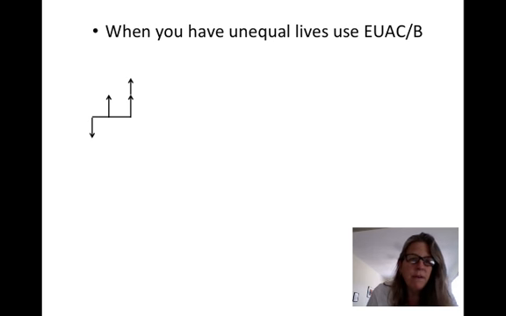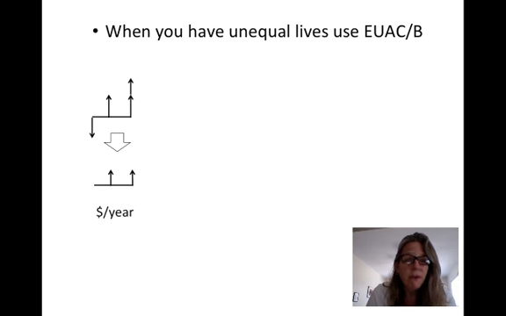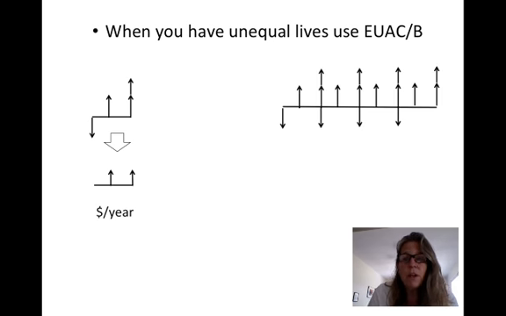So let's just say we have a simple investment, and then we have 2 years of benefits and a salvage value. This can be converted to dollars per year, right? We know how to do that, which we did in the other values. And when we're looking at repeatability, we can also take a lot of them and line them up. In this case, I have 4 identical investments lined up one after the other.